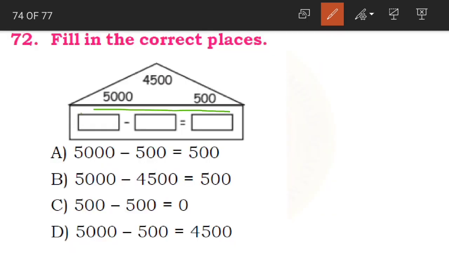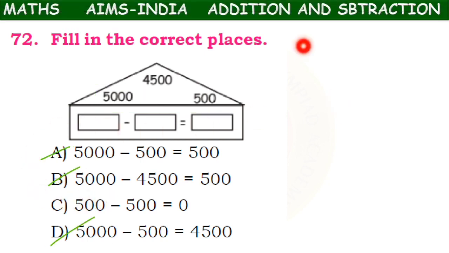So from the given numbers, which is the largest number? 5000. So 5000 becomes our minuend. Yes, 5000 becomes our minuend. Now look at the options. We are having A, B and C. Now from these 3 options we should find out which is the correct answer.